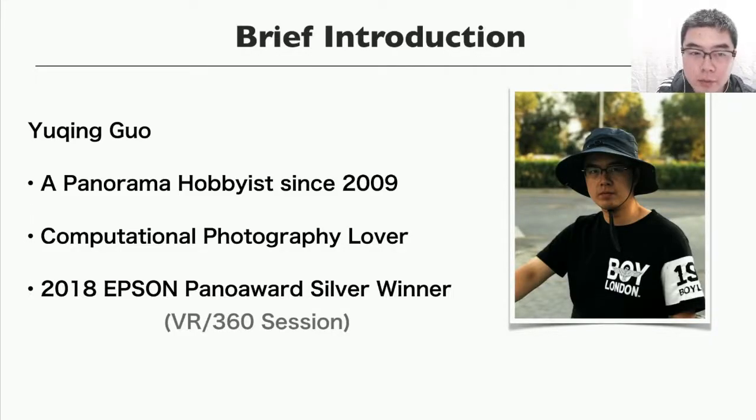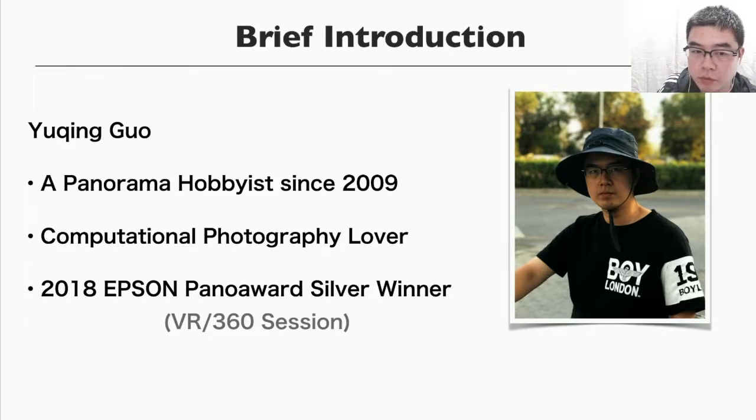Before we get started, I will give a brief introduction of myself once again. I'm Yuqing Guo, from Beijing, China. I'm a panorama hobbyist since 2009. I was shooting panoramas with a DSLR, and I'm currently a computational photography lover. I won the 2018 Epson Pano Award Silver in the VR 360 section.